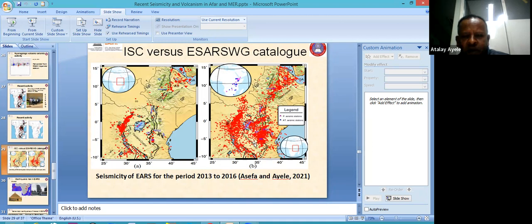You can see that every spot, as I commented earlier, all these red dots, are not really artifacts, but actual natural events that occurred in the East African Rift.